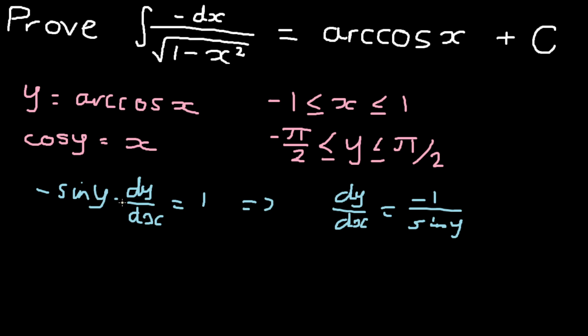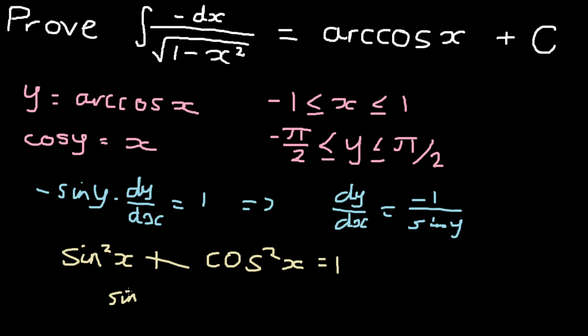So we need to remember this trig identity. Sine squared of x plus cosine squared of x equals 1. Sine squared x is equal to 1 minus the cosine squared of x.